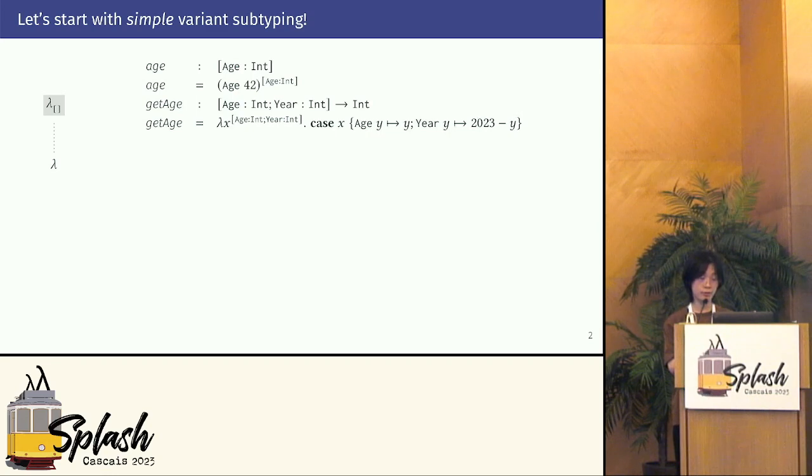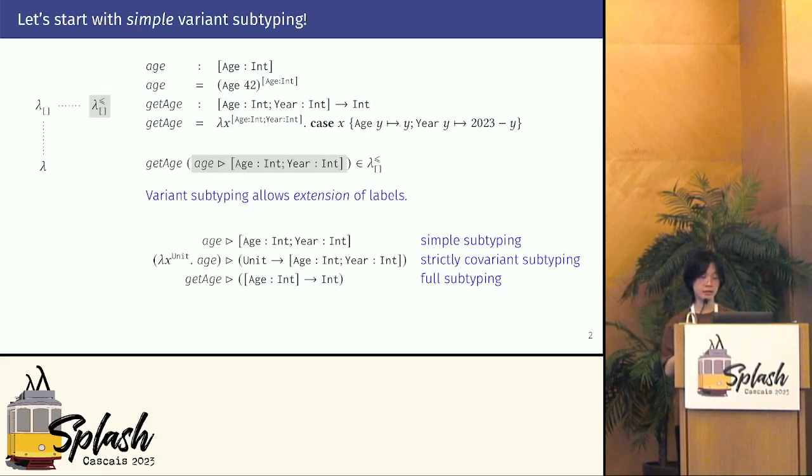What we can do is extend the calculus further with subtyping. We call it simple variant subtyping. It allows us to extend the labels in a variant. So we have this triangle for the explicit upcast. We can upcast the variant age to a bigger variant type with two labels and apply the function to it.